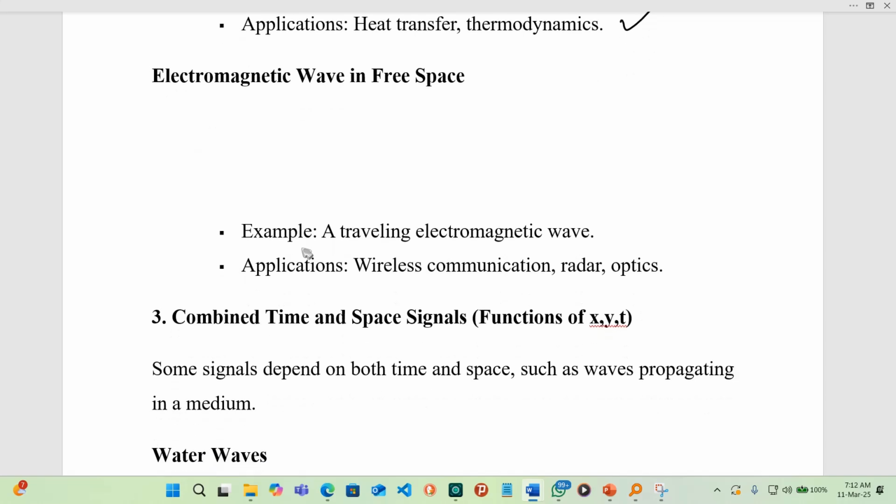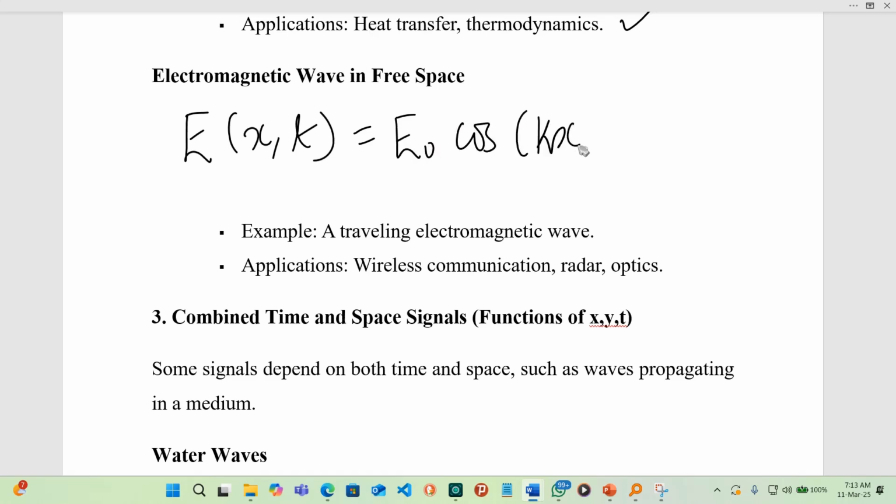Another space-dependent signal is seen in an electromagnetic wave in free space. So such a signal can be represented as, you see, in electromagnetism, E naught cosine of kx minus omega t.